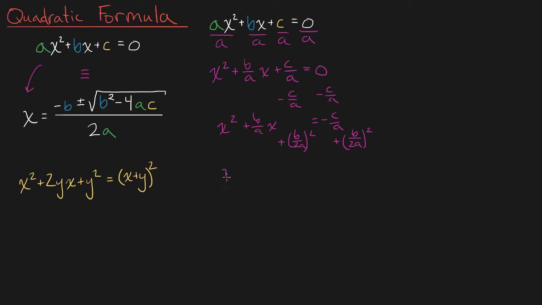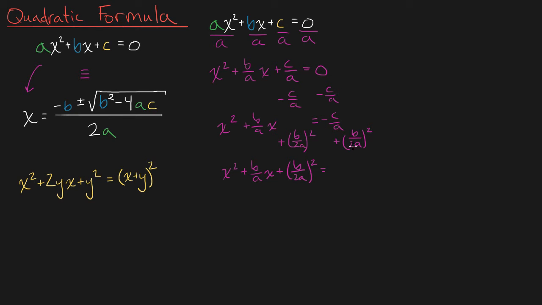So let's rewrite that. We have x squared plus b over a x plus b over 2a squared. And then on the right-hand side, I have these two terms, a negative c over a and a b over 2a squared, but I'm going to write this term first, and it'll be clear why I'm doing that in just a moment.